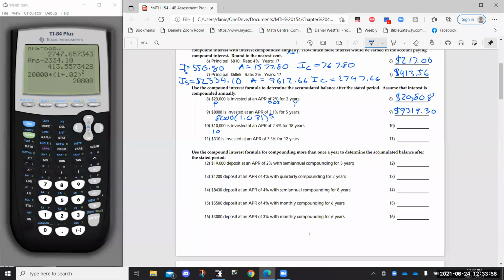10,000. And this is 1.024 to the 18th. This is going to give us 15,324.96.